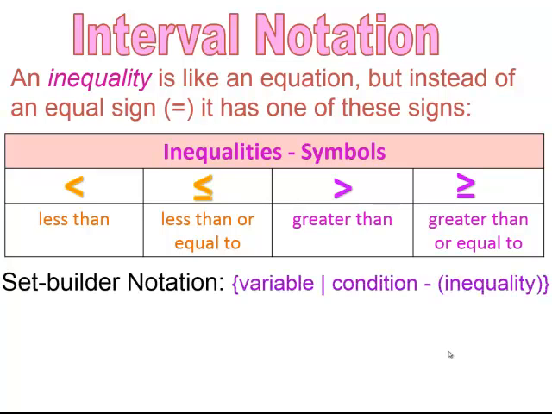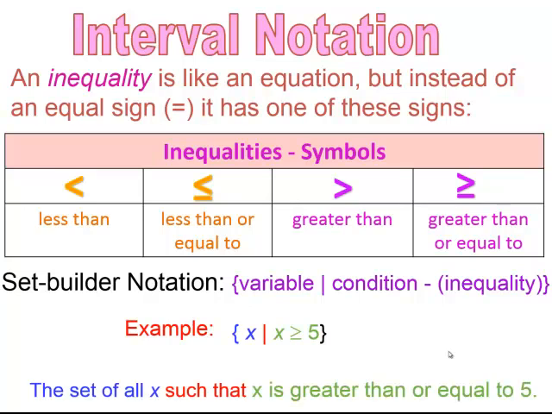So one way that we see inequalities is set building notation, where we have a variable, a condition, and the condition will be an inequality. So what this set building notation would look like would be something similar to this. And what it's saying is that in the blue part is my set of x's.